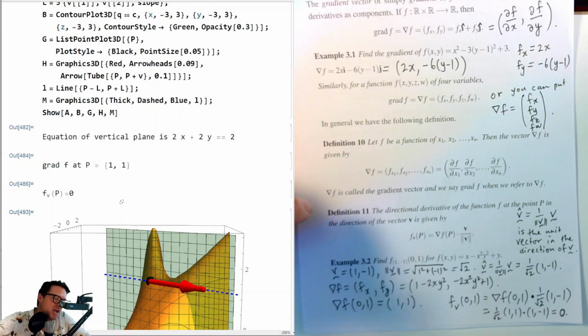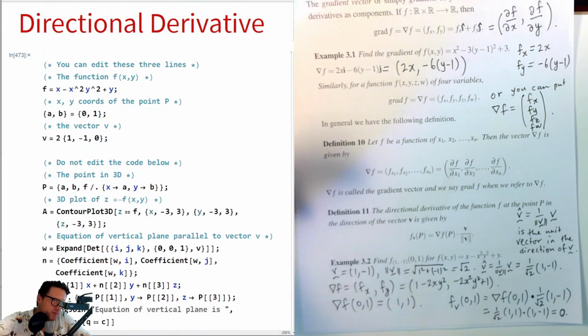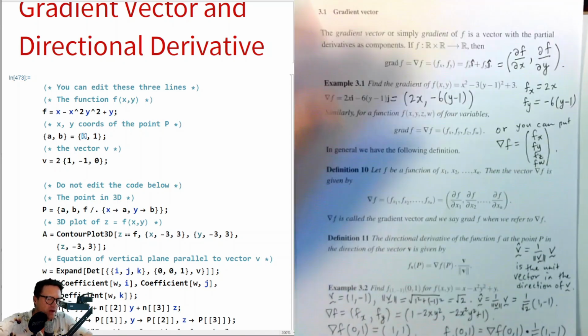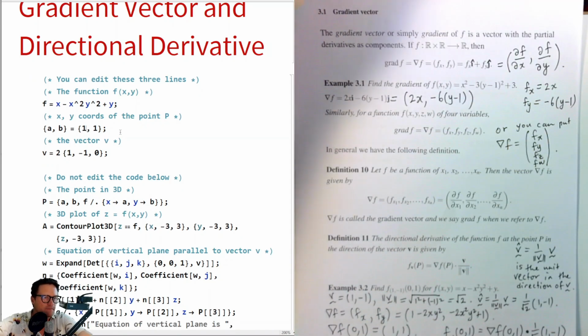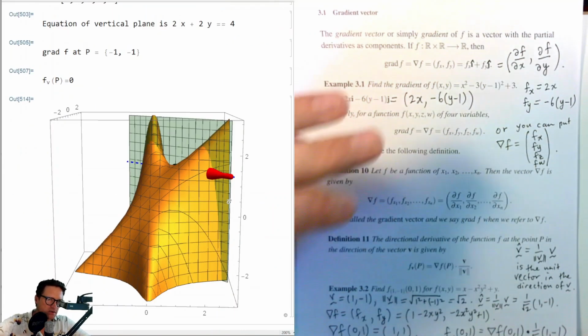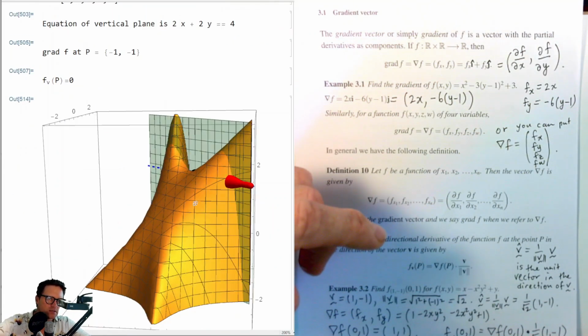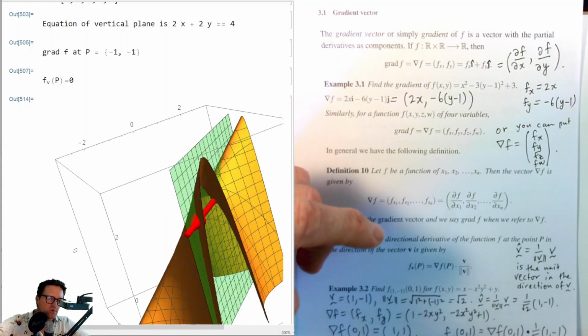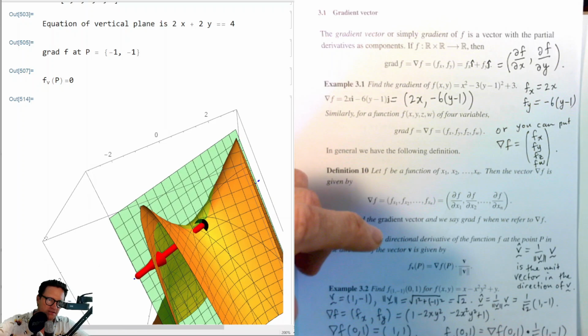Okay, so let's go ahead and change some values up here. I want to leave the function the same. So what if I just change the position of the point? What if I make this 1, 1? Okay, so let's have another look. All right, so it's gone on the other side now. The vector v is still the same coming out of that point. All right, so I turn this around.